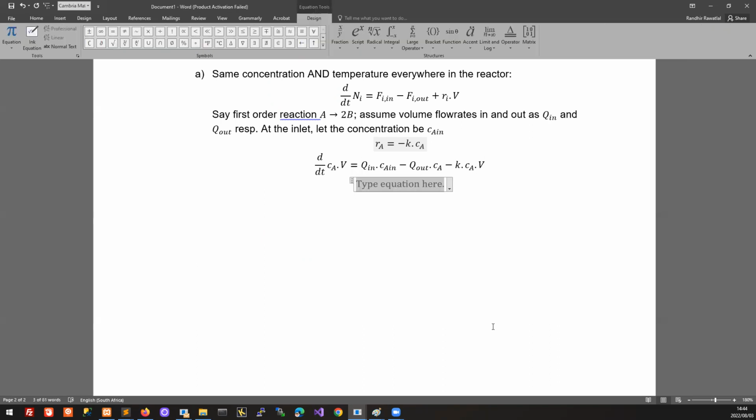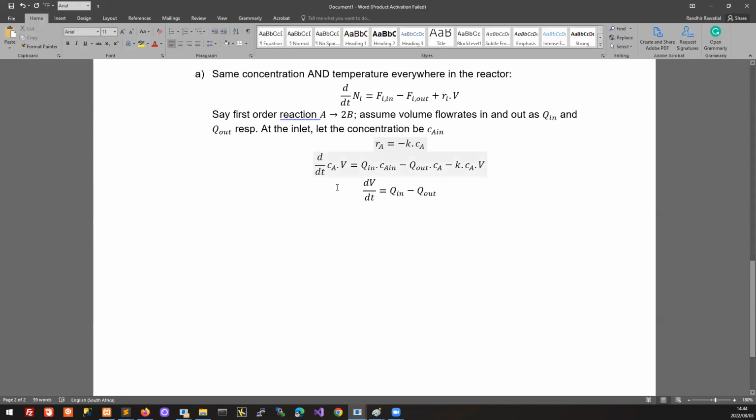Assuming the density is the same everywhere, we'll get that dV/dt equals Q sub in minus Q sub out. So generally speaking, we would have to solve these equations simultaneously. We'll have to solve for the volume and use the volume in this equation as well.